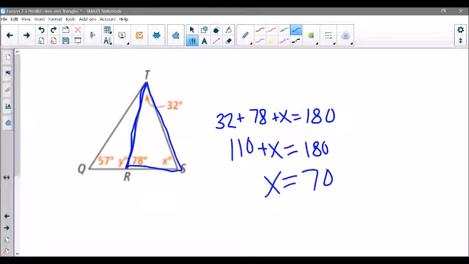Now, would anyone care to take a stab at y? There's an easy way and a hard way.